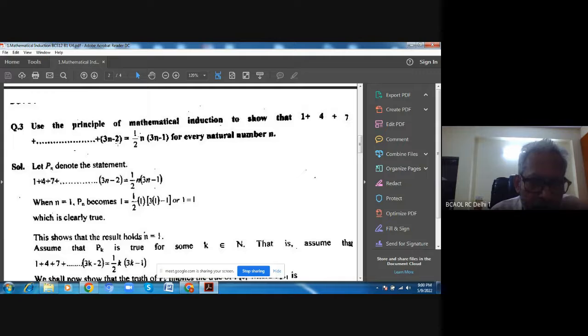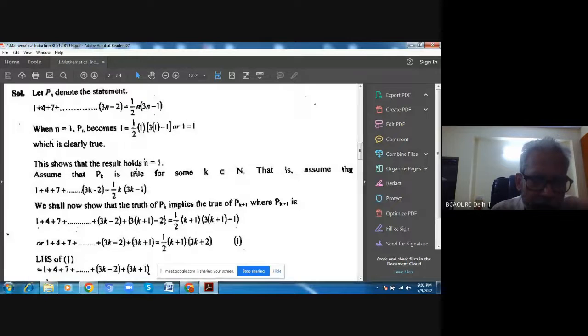In place of n, you have written 1. So 3 minus 2, that is 1, is equal to 1 by 2 times 1. And again in place of n, you have written 1 in 3n minus 1. So ultimately you see it is 1. So that means it is matching. When this side and this side are matched, we can say it is clearly true.